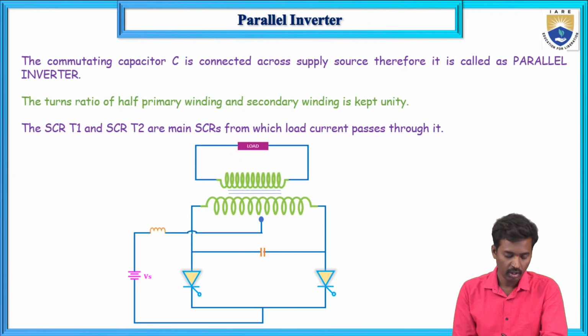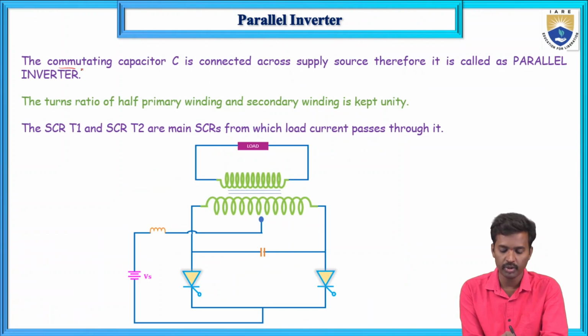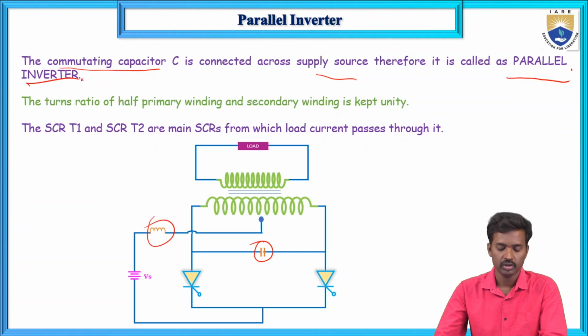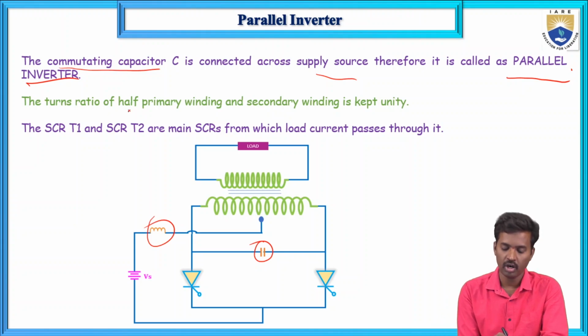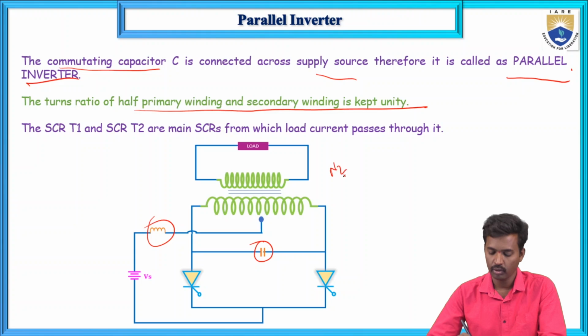First, the commutating components, that is C and L. C and L are connected across the supply, which means it is a parallel inverter. The turns ratio of the primary winding and secondary winding, N2 by N1, should be 1.